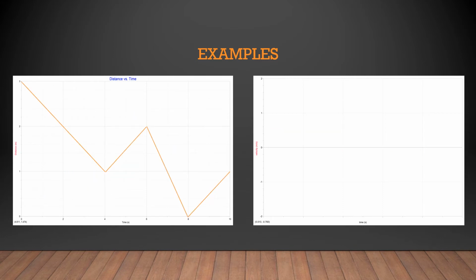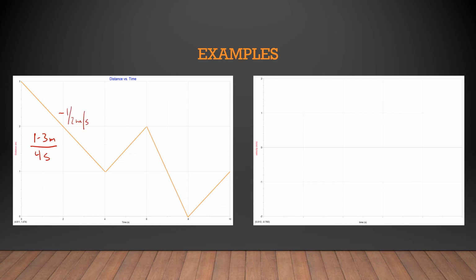Now let's take a little bit more complicated example, but not too bad. We just need to break up each individual part. So this part would be 1 minus 3 meters over 4 seconds. We went from 0 to 4. So 1 minus 3 is negative 2, and this first section is negative 1/2 meter per second.